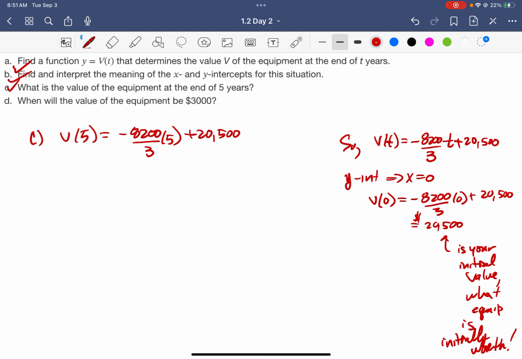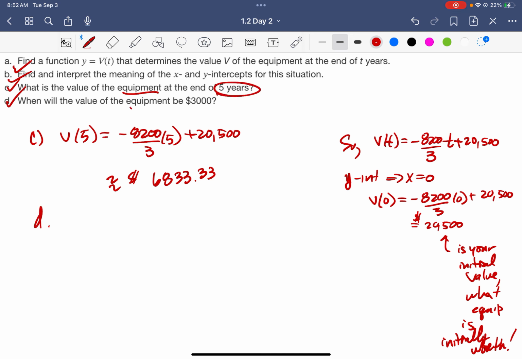So I'm going to take negative 8,200, divide it by 3, and then times 5, plus 2,500, which is approximately $6,833.33. That's how much the car is worth, or the equipment. I keep on saying car because this is usually a car depreciation. That's how much the equipment is worth at the end of 5 years.